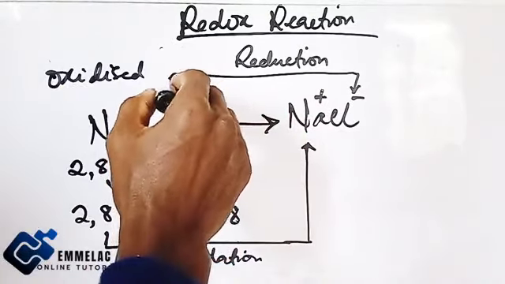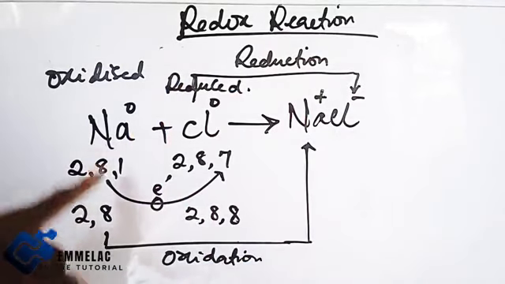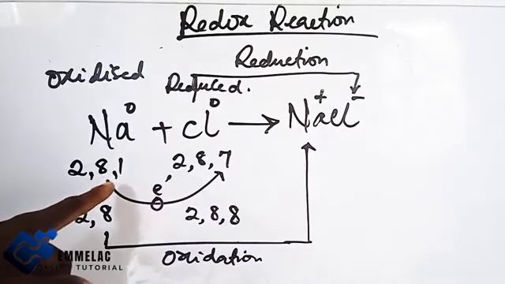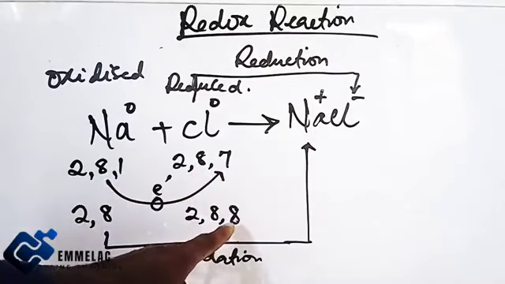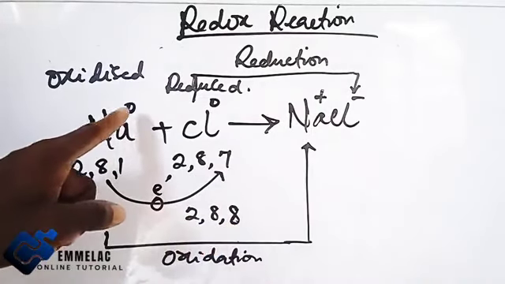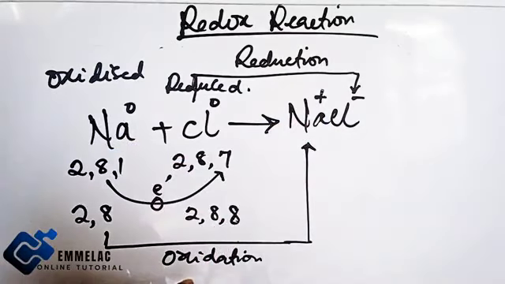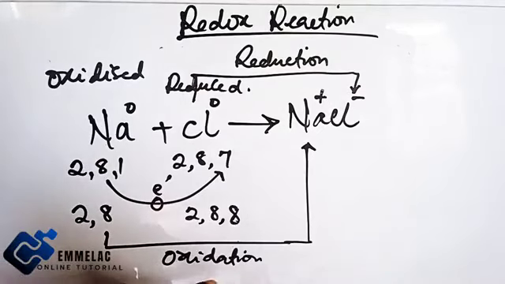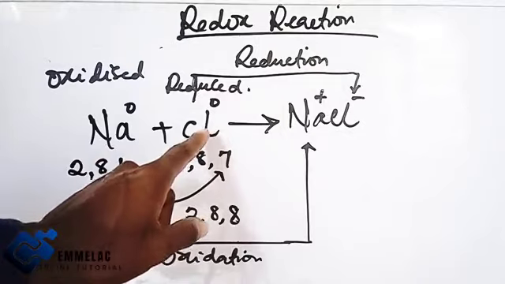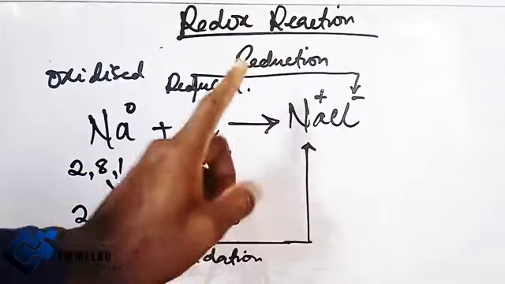Sodium gives out its outermost shell electron to chlorine to form its octet outermost shell. Sodium goes from 0 to positive, attaining oxidation, that is, sodium undergoes oxidation. Chlorine goes from 0 to negative and undergoes reduction.